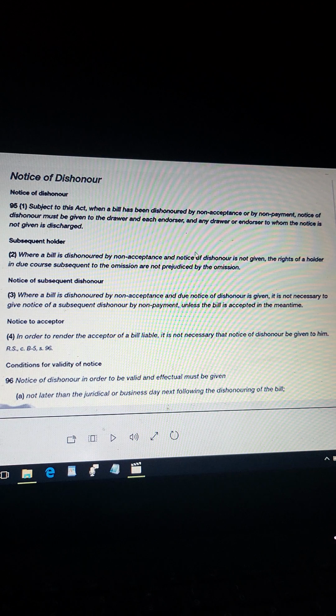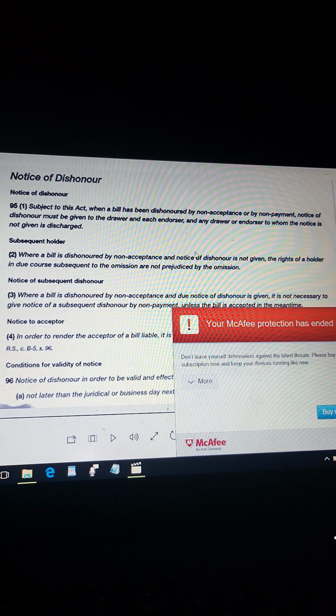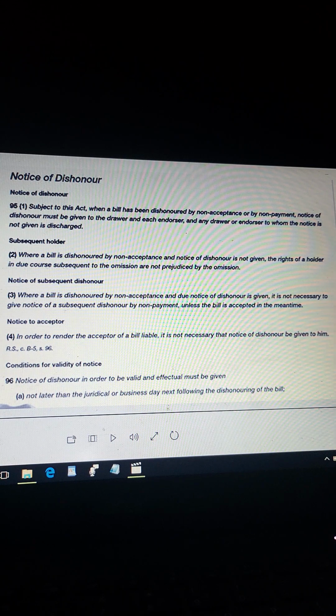Omission to give notice. Subsequent holder. 2. Where a bill is dishonored by non-acceptance and notice of dishonor is not given, the right of a holder in due course subsequent to the omission is not prejudiced by the omission. Notice of subsequent dishonor. 3.